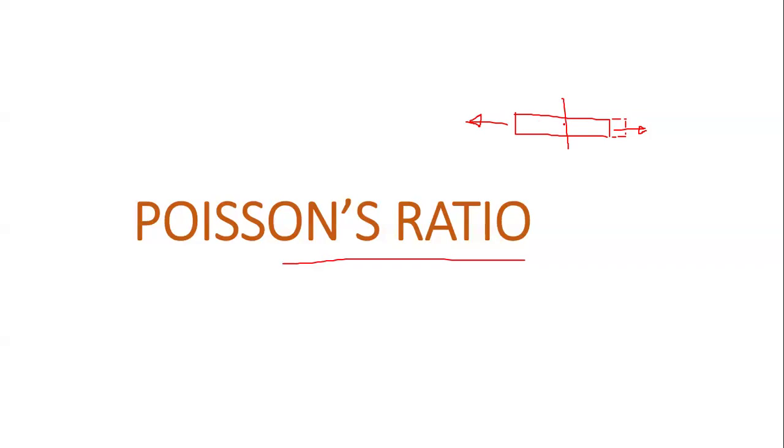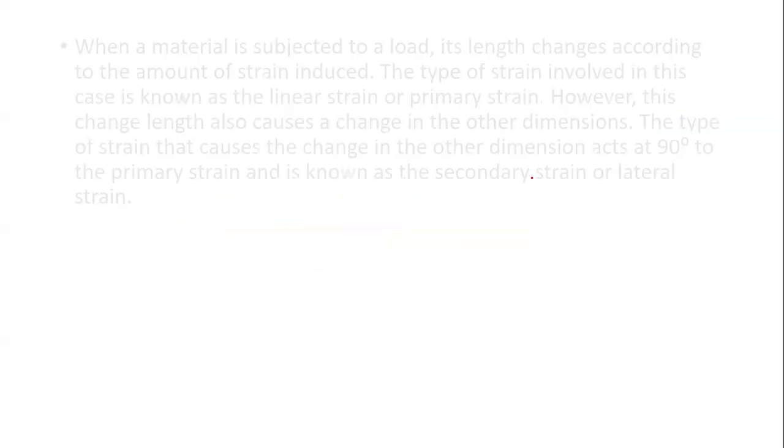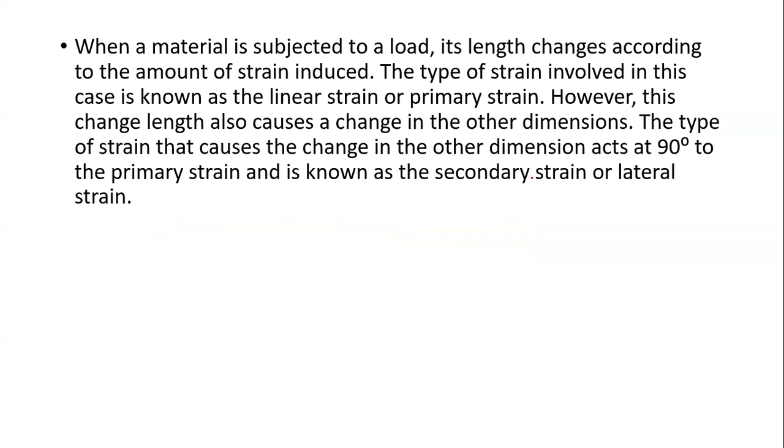So that is where we review Poisson's ratio. And according to this ratio, it brings together those two strains together. We have what we are calling the primary strain, which is the strain where the force is acting directly and tampering with the material. Here now, I'll give an example of a material that is being squeezed.